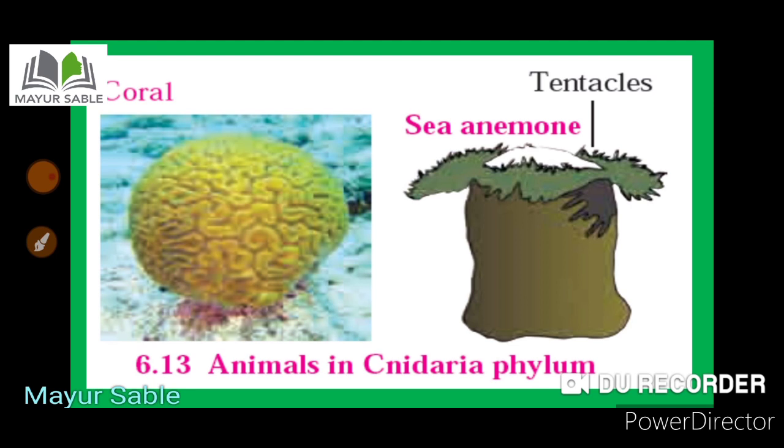So remember, the names polyp and medusa depend upon the shapes of the body of the animals included in the Coelenterata. Most of these animals are marine and only a few are freshwater dwellers. The body of those animals is radially symmetrical and diploblastic. The body bears tentacles present around the mouth.